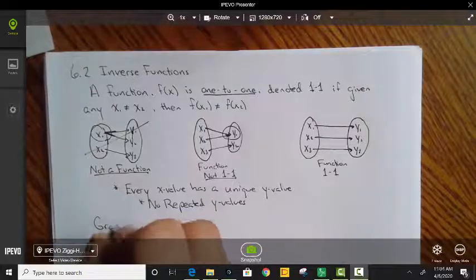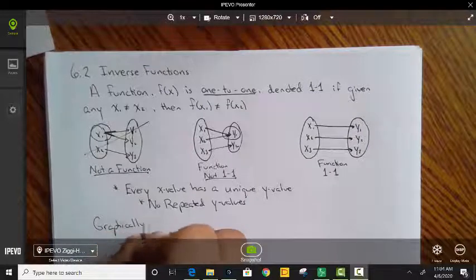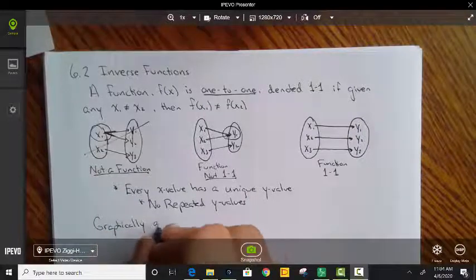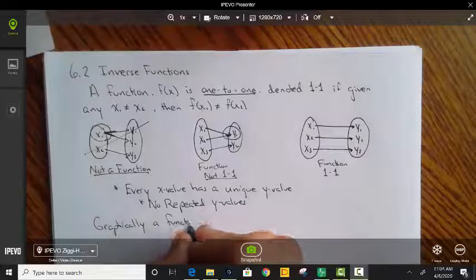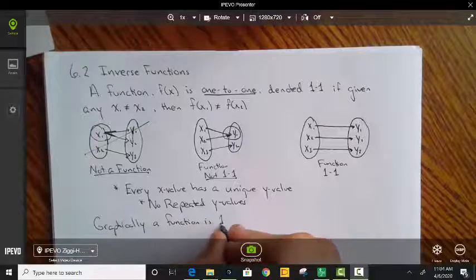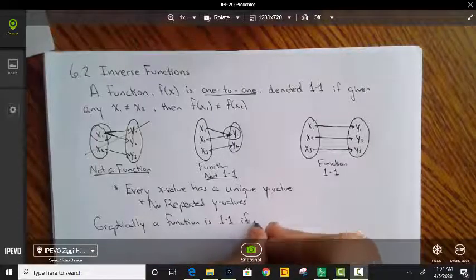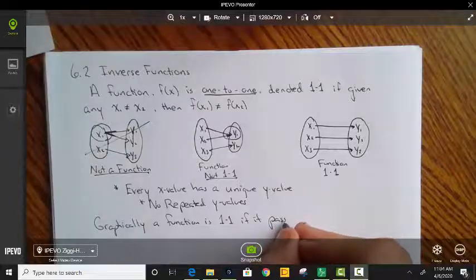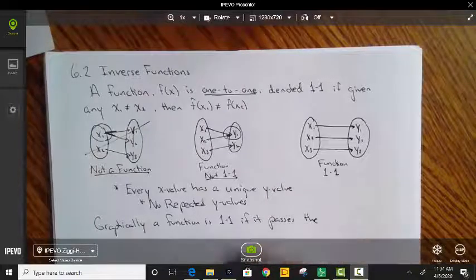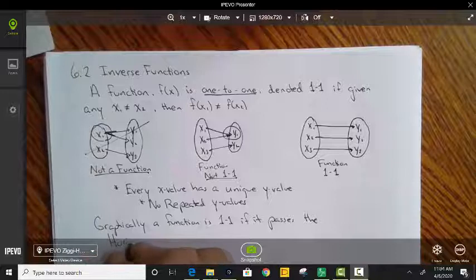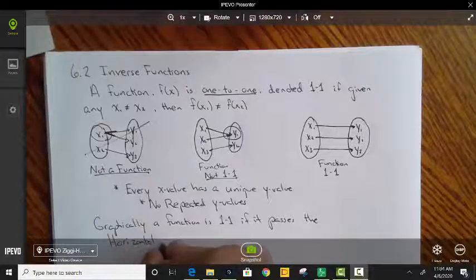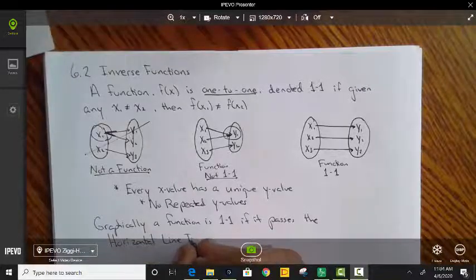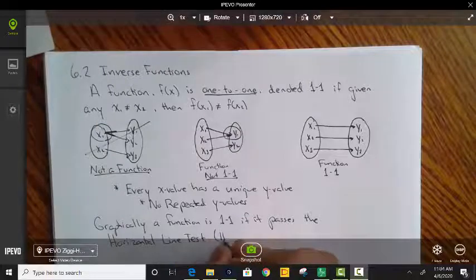Graphically, a function is one-to-one if it passes the horizontal line test, and we usually just denote that with HLT.